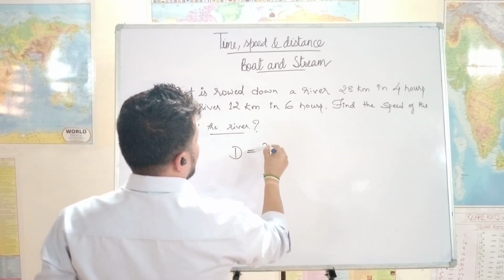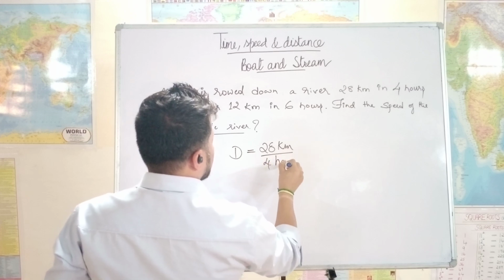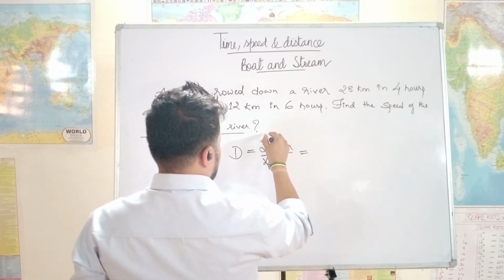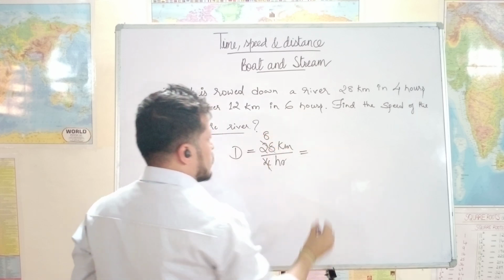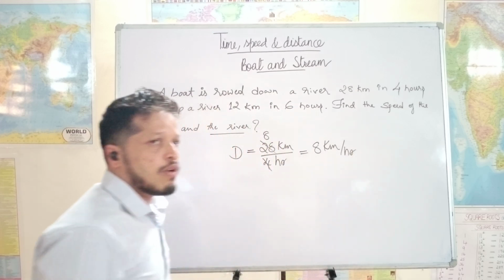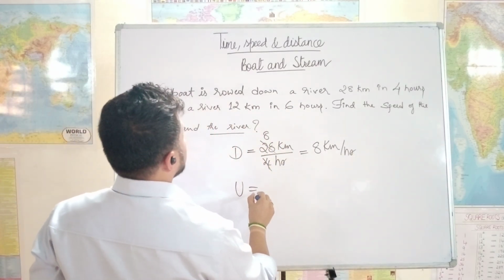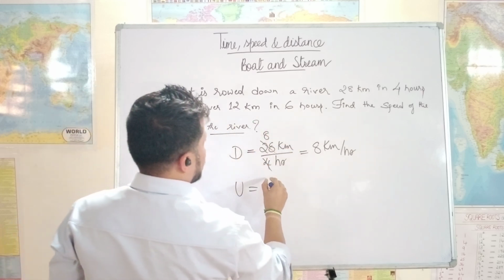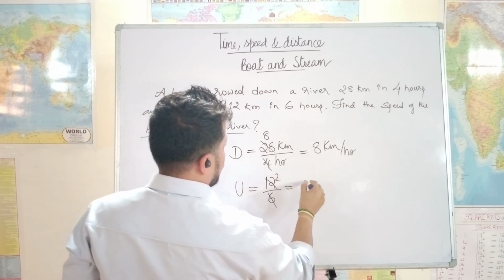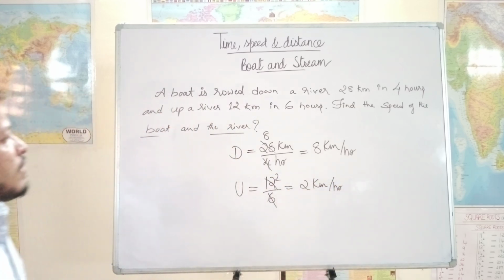D is equal to 28 km by 4 hours, which is 7 km per hour is the downward speed, and upward speed is what? Upward speed is 12 kilometer in 6 hours, 2 kilometer per hour.